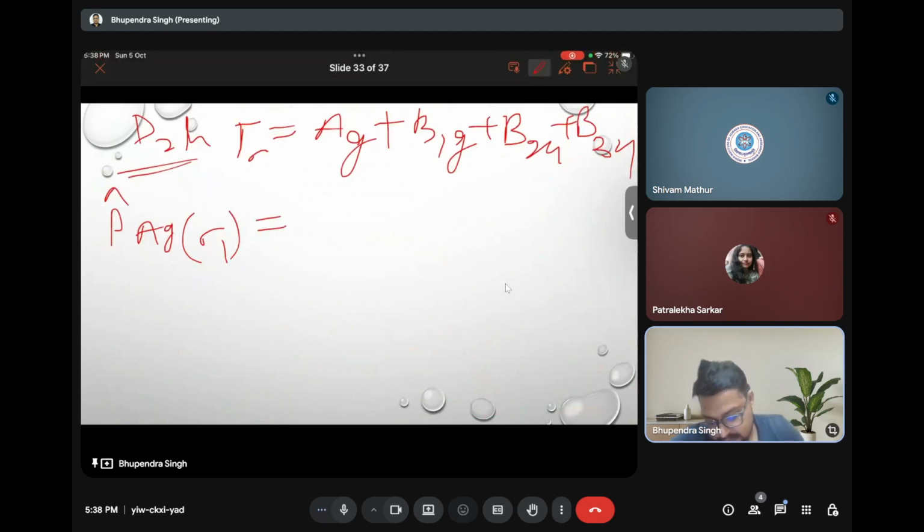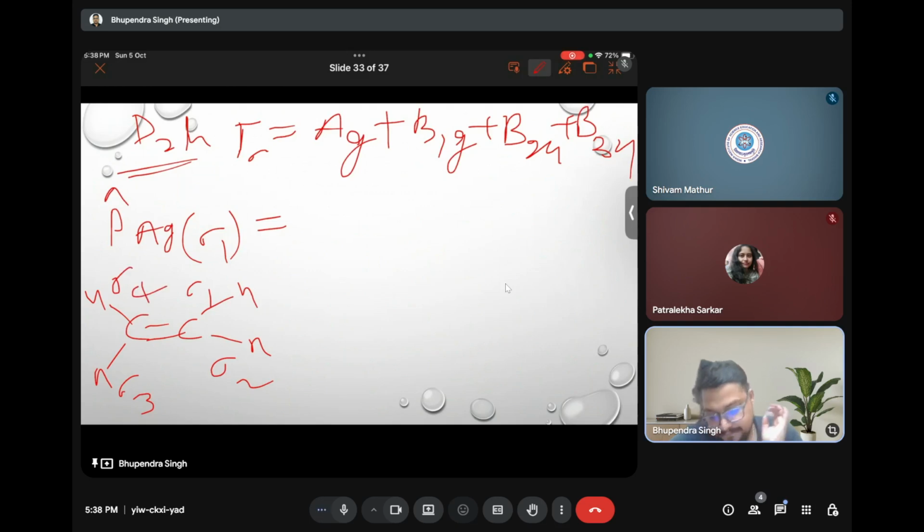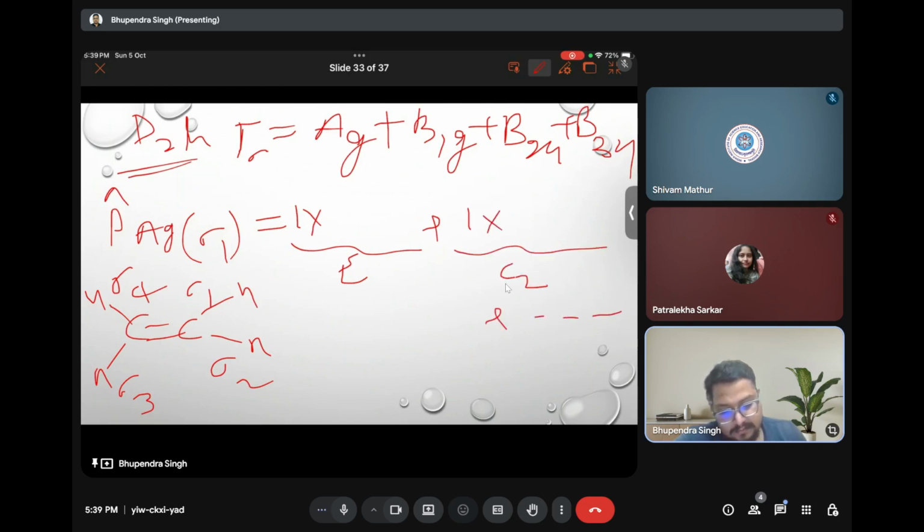Here I again should write the projection operator on sigma 1, 2, 3, sigma 4, which will be 1 for E plus 1 multiplied by C2z, and so on and so forth for all of the symmetry elements. This is how you can solve.